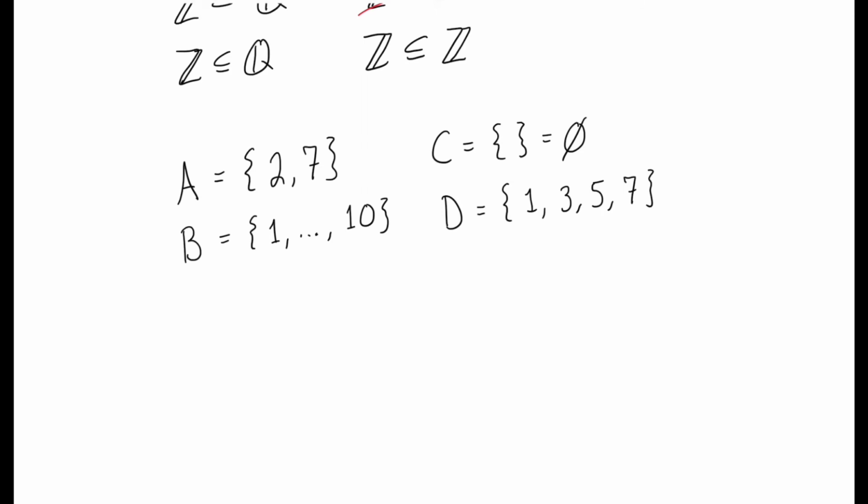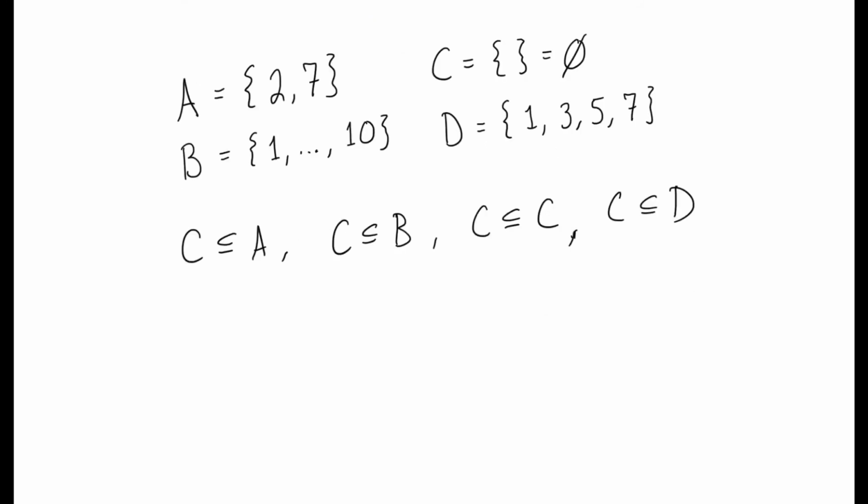So the first thing to observe is that the empty set is always a subset of every single other set. So C is our empty set, C is a subset of A, C is a subset of B, C is a subset of itself, C is a subset of D.